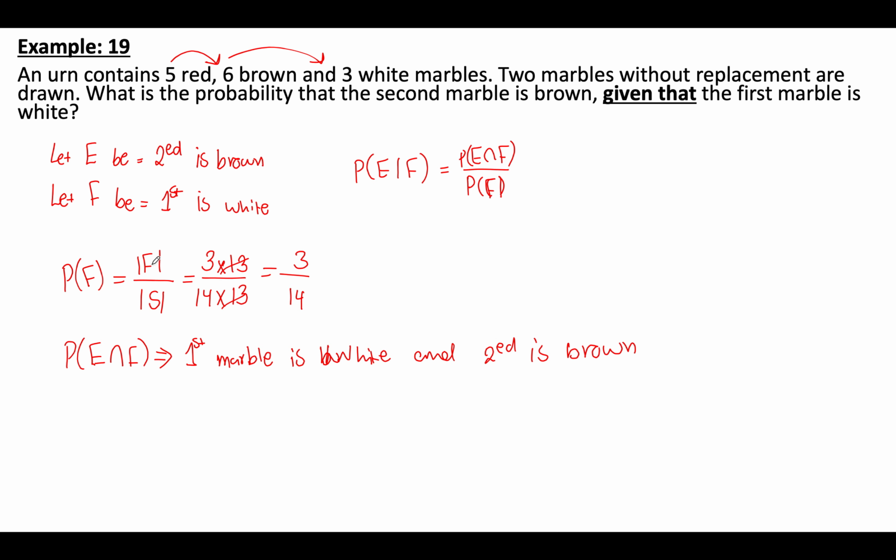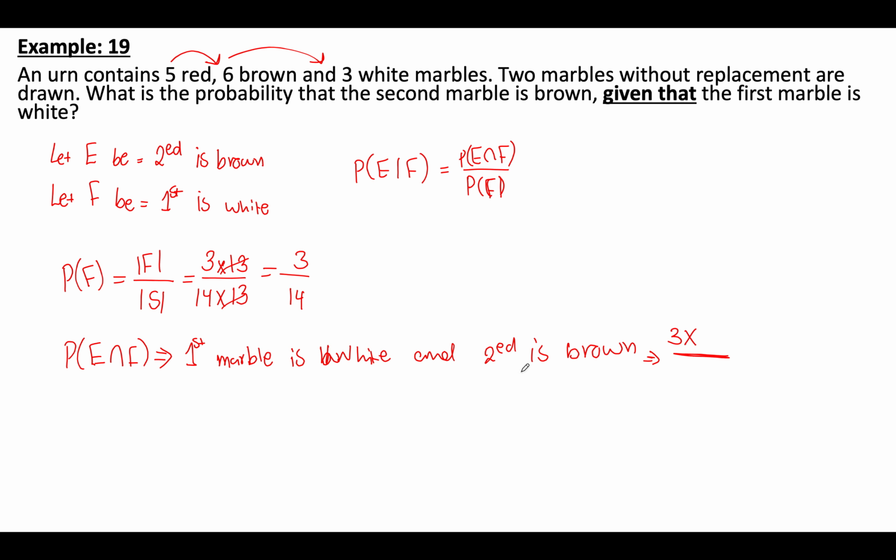So what do we mean by this? We mean that the first time I need to get a white marble. So how many choices have I got? They are 3.